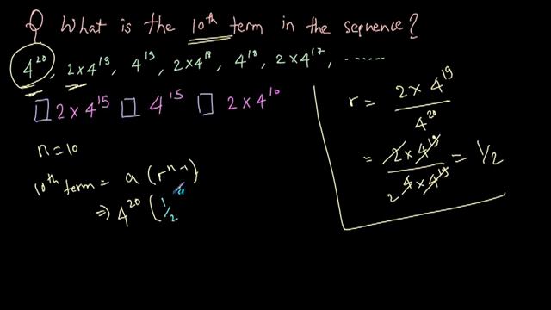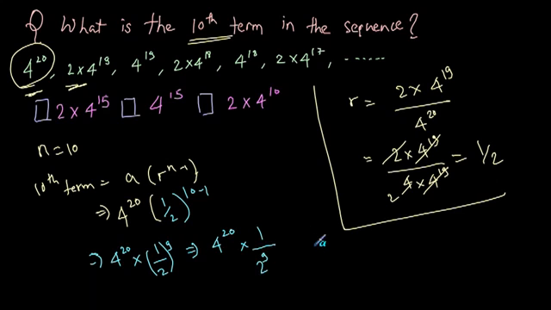So r is 1 by 2, raised to n minus 1. N is 10 minus 1. So that gives us 4 raised to 20 into 1 by 2 raised to 9.